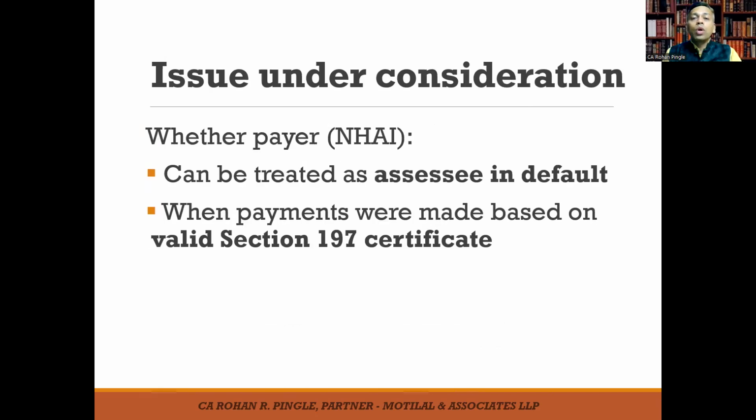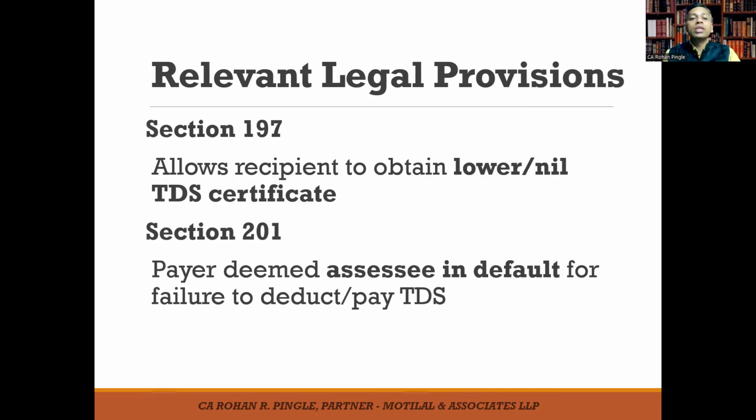The issue under consideration was whether the payer, that is NHAI, can be treated as an assessee in default when payments were made based on a valid Section 197 certificate. The relevant legal provisions: Section 197 allows the recipient to obtain a lower or nil TDS certificate. Section 201 deems the payer an assessee in default for failure to deduct or pay TDS.